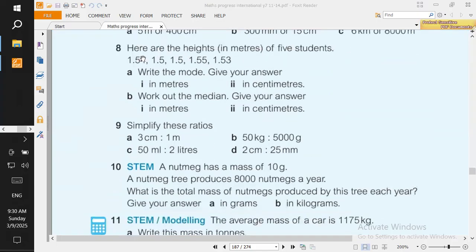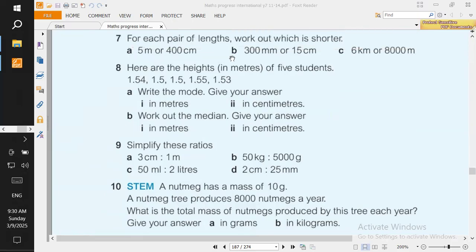Here are the heights in meters of 5 students. Write the mode. Now, the mode and the median, these are handling data questions, but maybe they are important for you. The mode is the most frequent. Most frequent means the most repeated number. When I look at the data, I find out that 1.5 is the most repeated. So the mode is 1.5 meters.